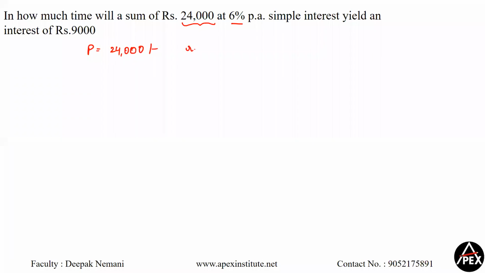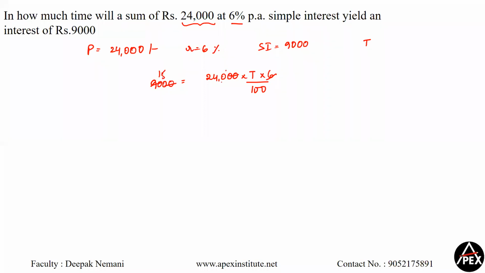Okay, the rate of interest is 6%. We have got a simple interest of 9,000 at the end of, we do not know. We need to find the time period, isn't it? Let the time period be t. So simple interest 9,000 is equal to P 24,000 into T into 6 by 100. So these two will get cancelled. This is 15.